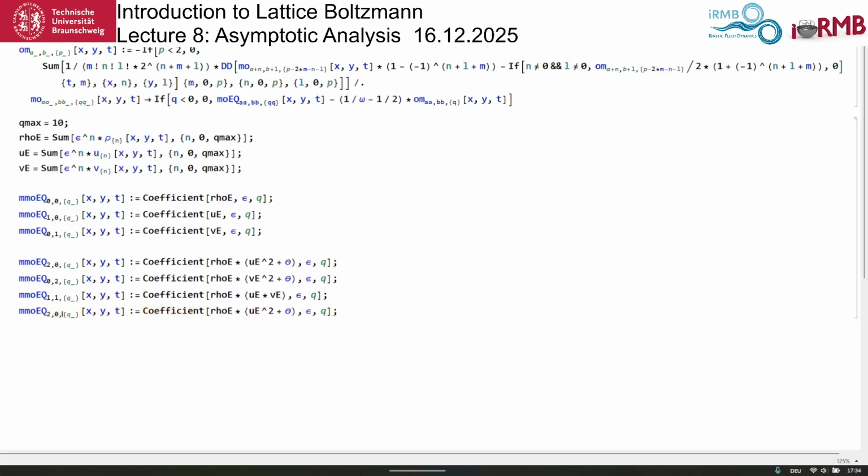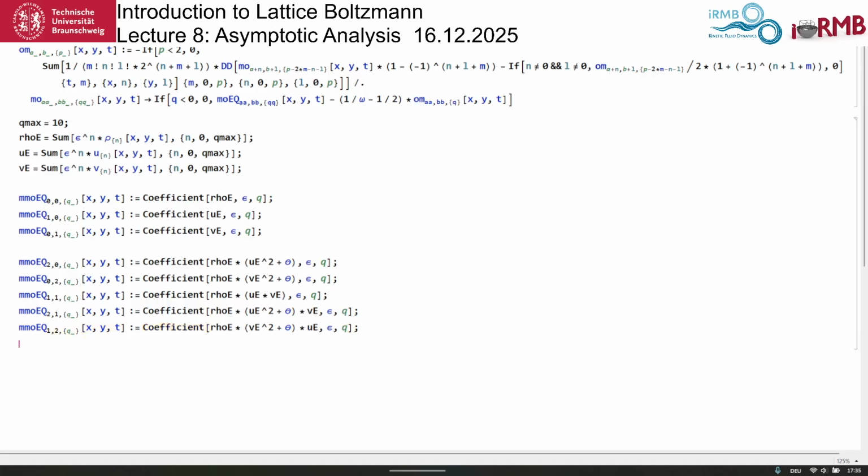So then are the third orders. So we've learned how we do this, right? So this is VE, it's small VE. And the other one, 1, 2, would be VE times UE.